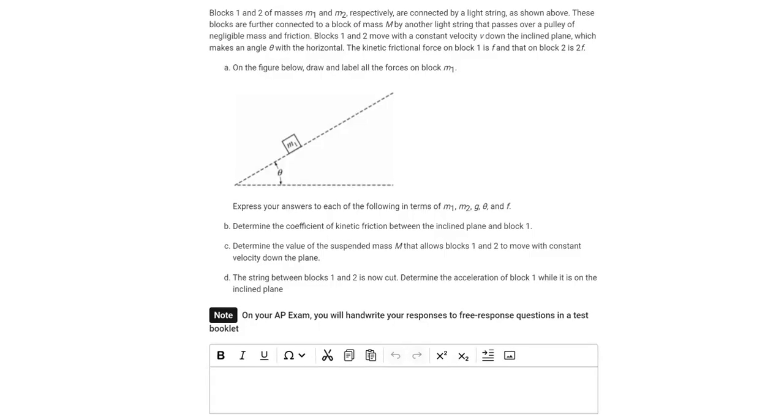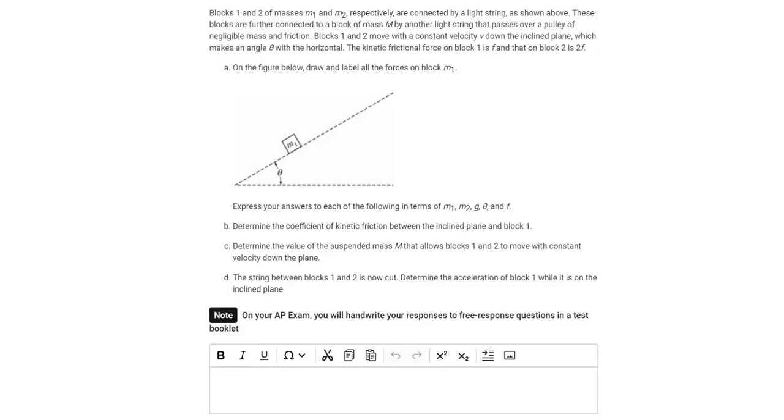So for part C, we want to determine the value of the suspended mass m that allows blocks 1 and 2 to move with constant velocity down the plane. So we do this by analyzing the suspended mass m that balances the system when the velocity is constant.